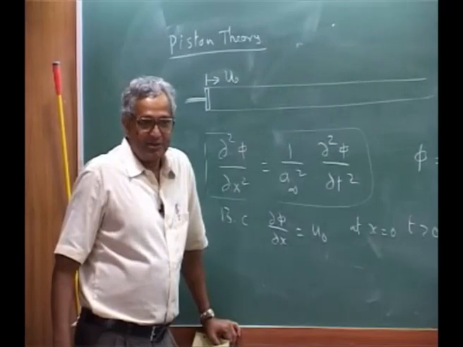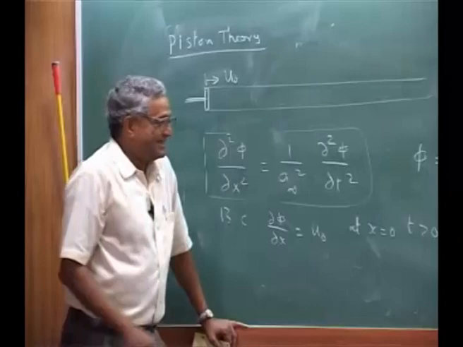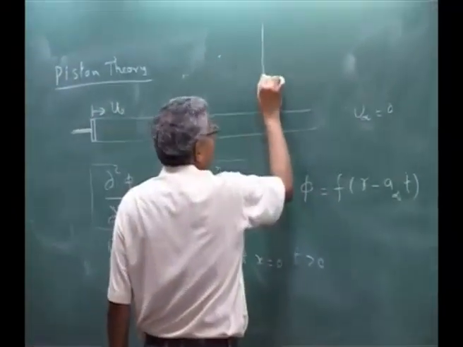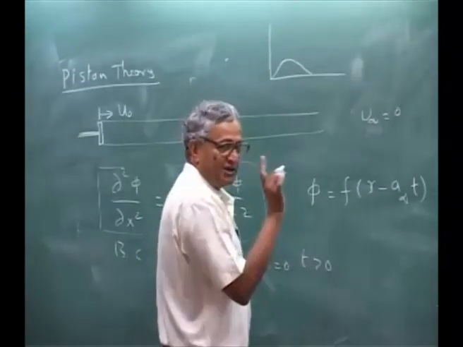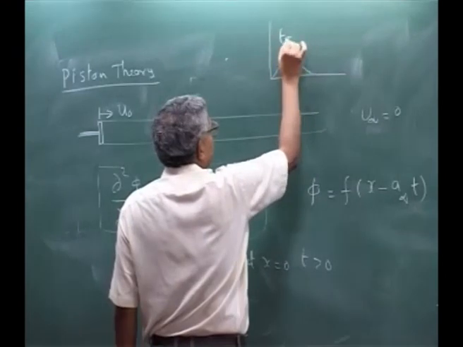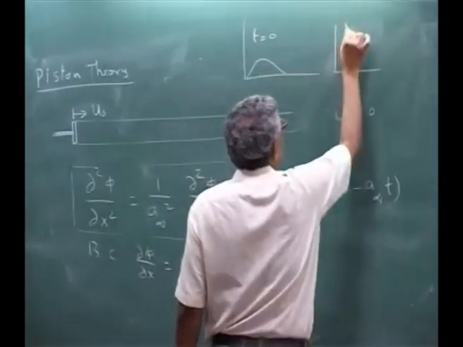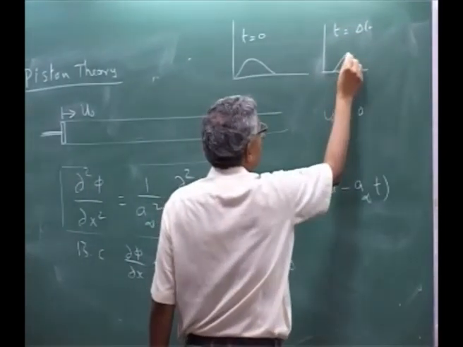You can have a wave propagating on this side, and a wave propagating on this side. If something happens at t equal to 0, this wave moves at t equal to some delta t. It has moved here like this.